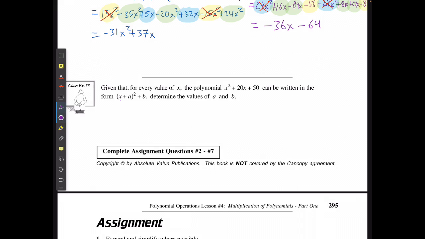Well, if this is true, and I expand this out, then (x plus a) squared is going to give me x squared plus 2ax plus a squared. And I still have that plus b at the end. This is equal to x squared plus 20x plus 50.